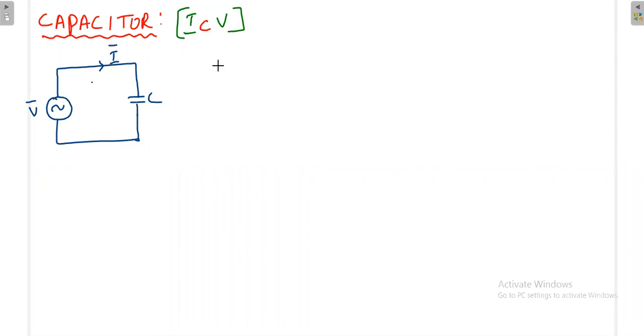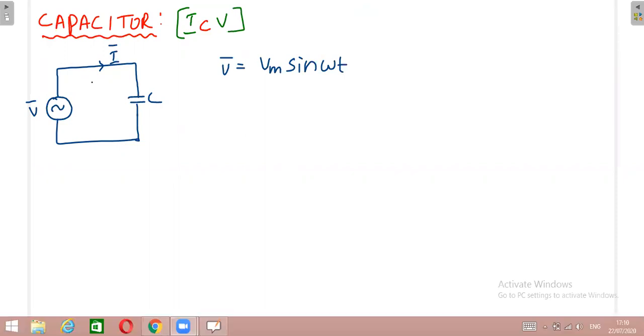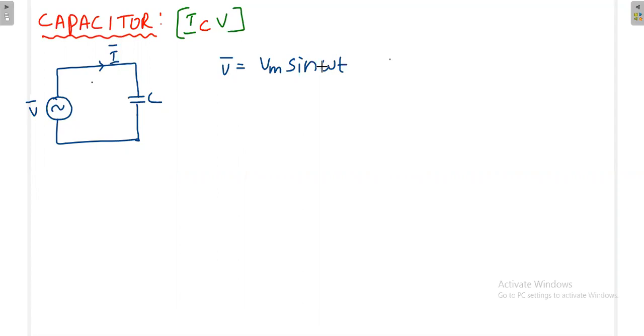Now V bar is equal to Vm sine omega t. And you know the capacitor current equation: I is equal to C dVc divided by dt.